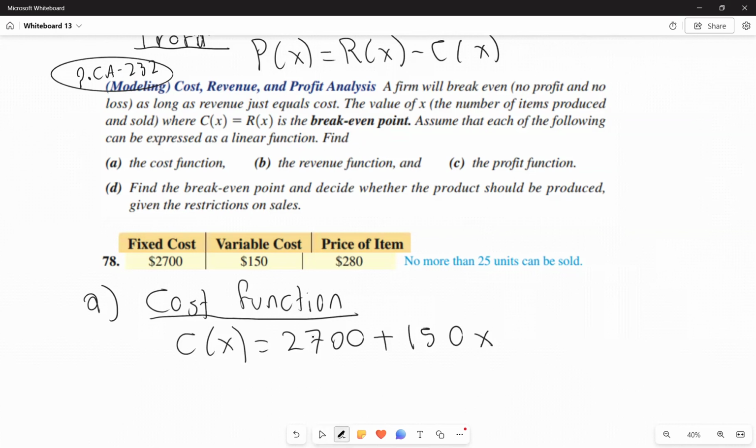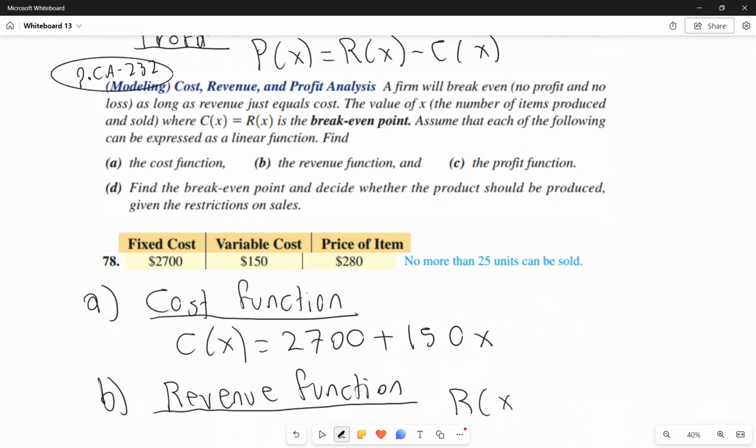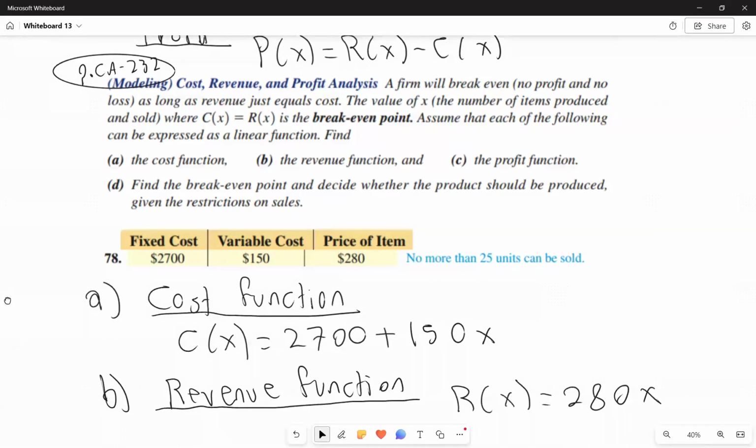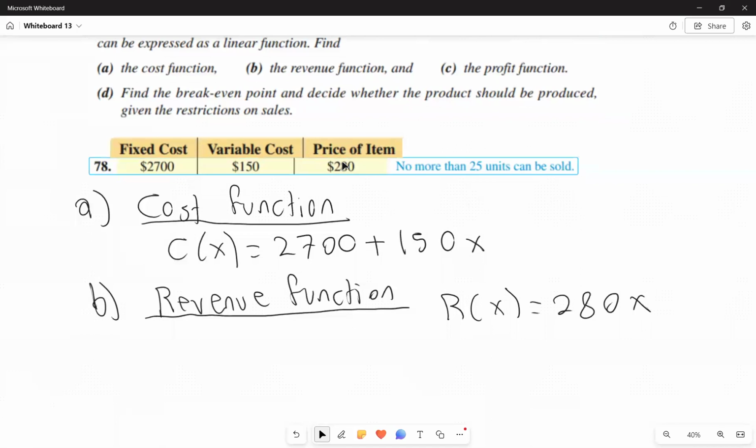The revenue function: each item will be sold for $280, so R of x equals 280 times x. And they plan to sell x items.